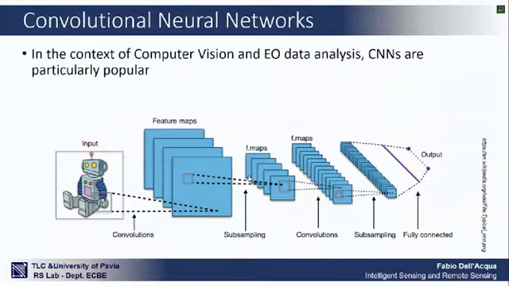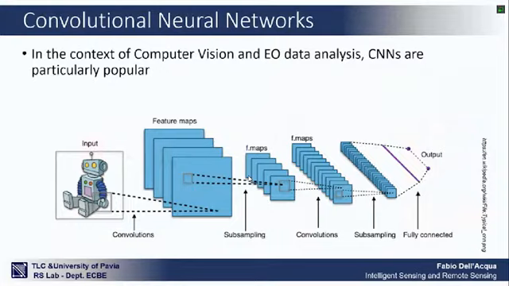And one specific type of neural network which is used also in Earth observation are the so-called convolutional neural networks, which is a combination of local convolution and then neural network, local convolution and then neural network.